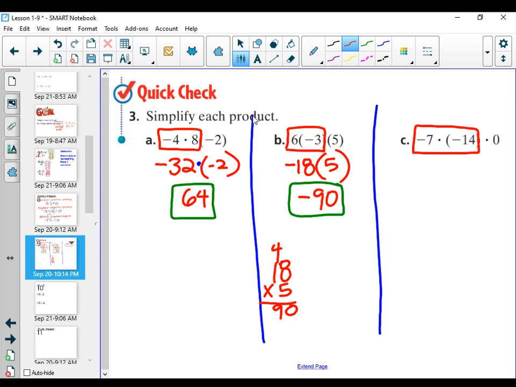Oh no, I do not know 14 times 7. A negative times a negative is a positive. Oh, anything times 0, 0.